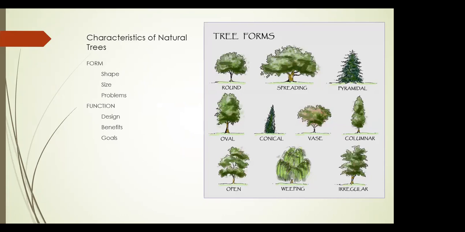But in general, we have round trees or spreading trees, and we have upright trees, more like a pine-shaped tree. Those are the general types. Most trees start out very upright, like the columnar shape, and then they can spread to become more like an oak tree shape or like an Aleppo pine. Our mesquite trees are spreading, our palo verdes are spreading.